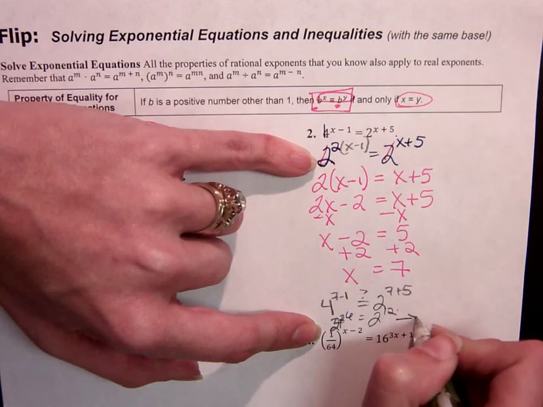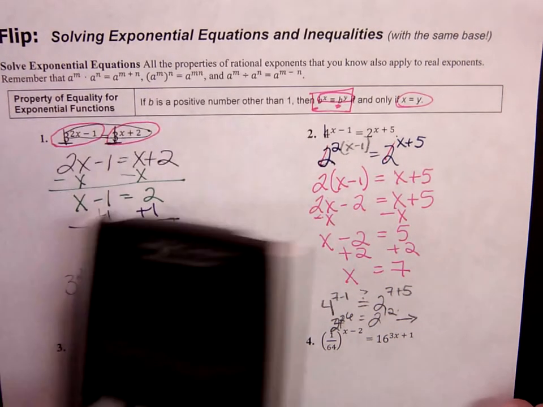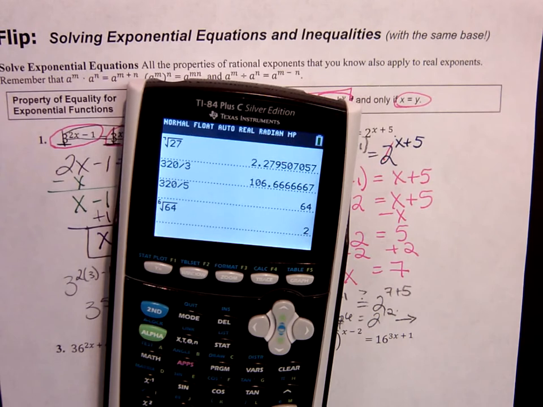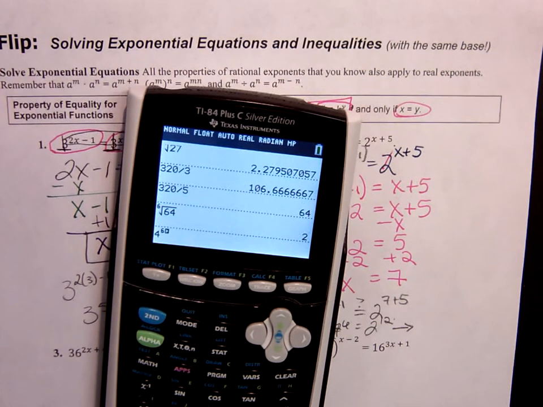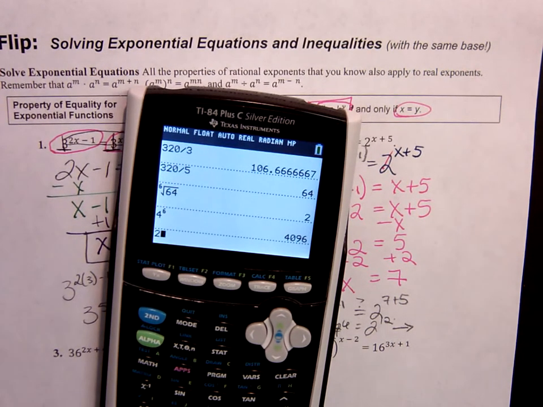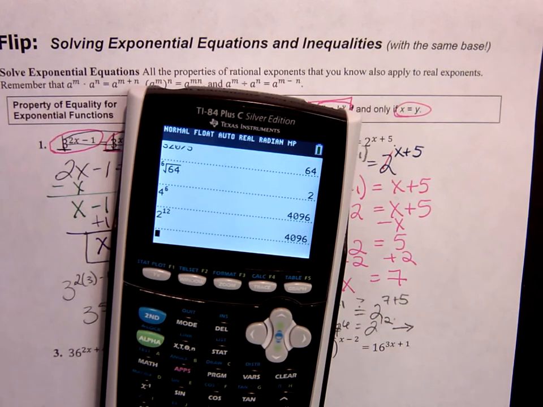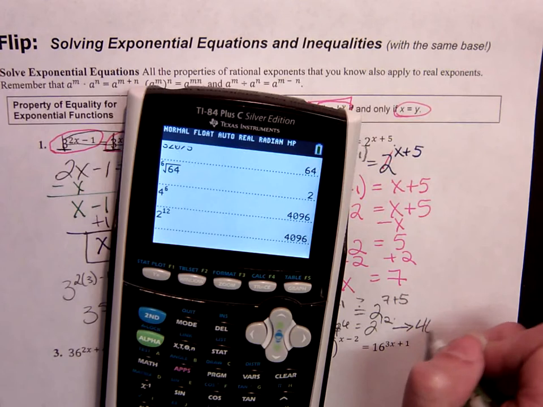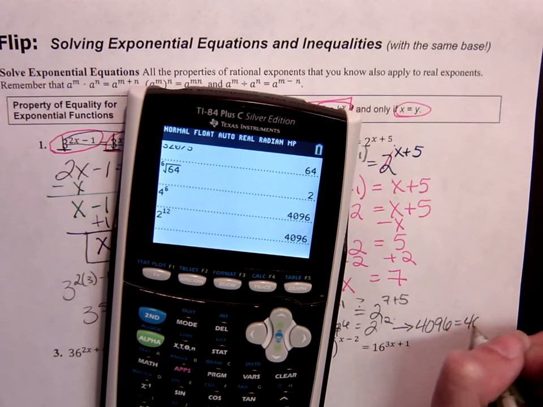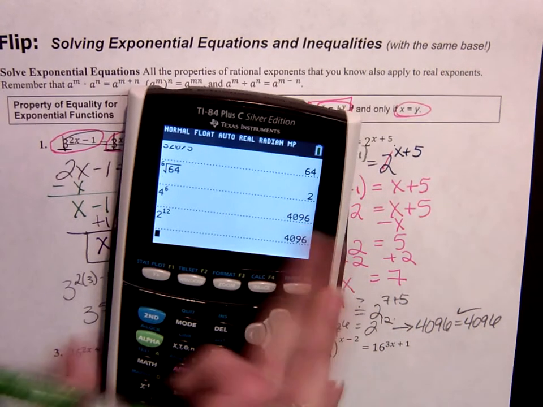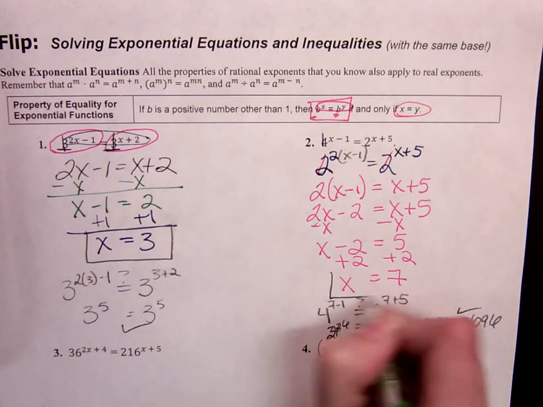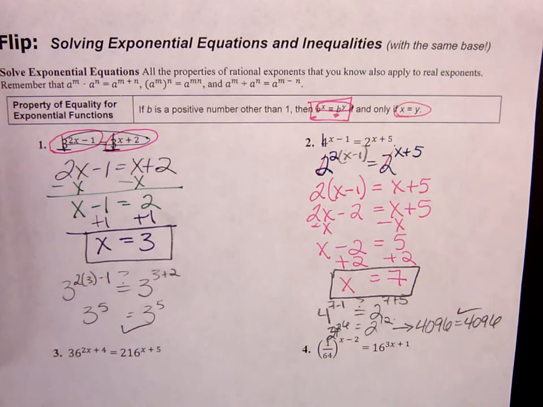If you don't want to mess with that, then you're going to grab your calculator. And what's 4 to the 6th and 2 to the 12th? I got the same value, so we're good. We get 4096 equals 4096, so we're okay. I'm going to keep x equals 7 and move on.